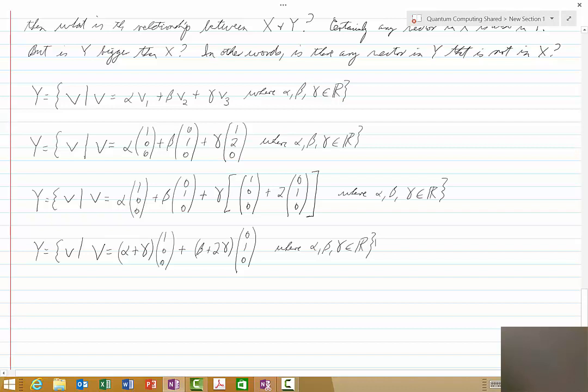So really we didn't achieve anything extra by adding in that extra vector in the definition of y. So you see that in fact this expression right here is just exactly equivalent to our definition of x. So our answer is, y is equal to x.